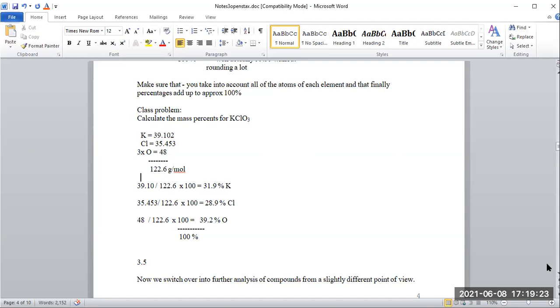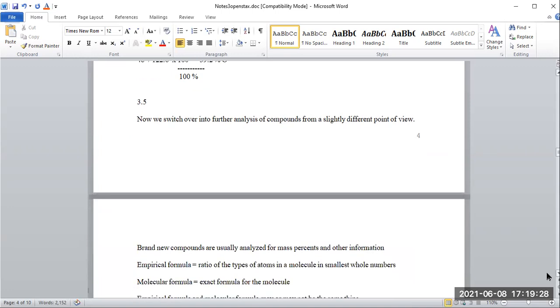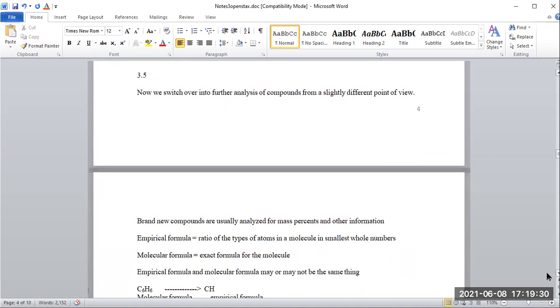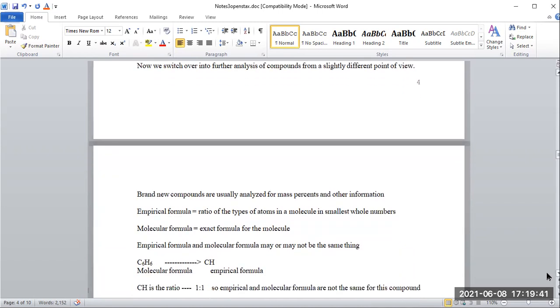What if instead of percentages, we wanted to analyze things from a more ratio-oriented point of view? So more buzzwords. Empirical formula versus molecular formula. So, okay, think sort of fraction theory for this.